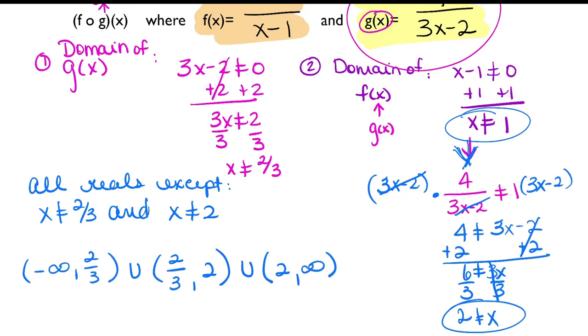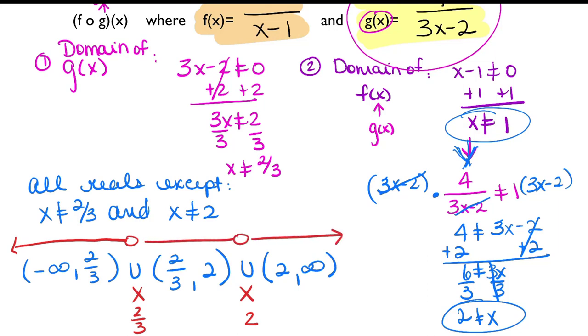And what this shows is we have excluded 2/3 and we have excluded 2. Otherwise, it's all the other numbers on the number line.